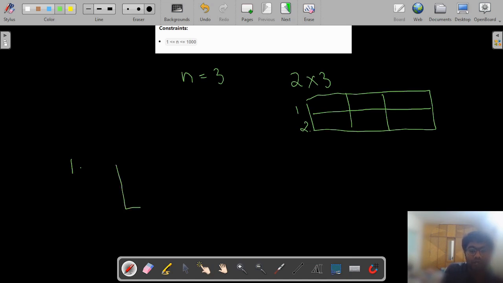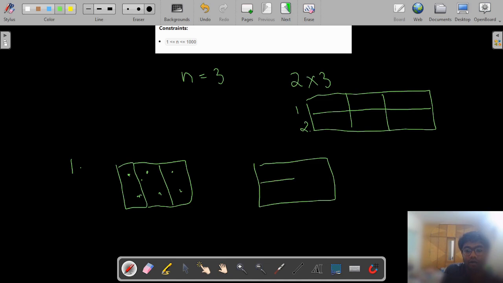One way is with dominoes. All three might be dominoes. This is one way, and another way will be placing two dominoes and adding on.